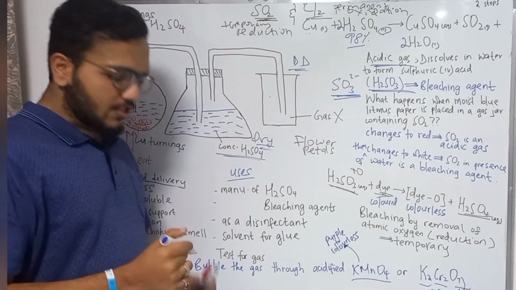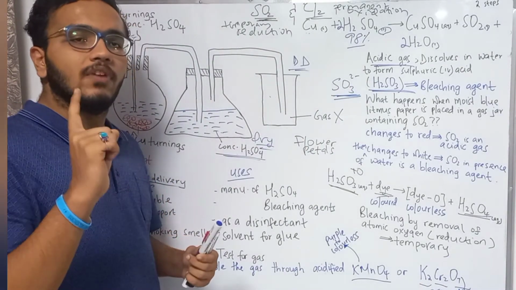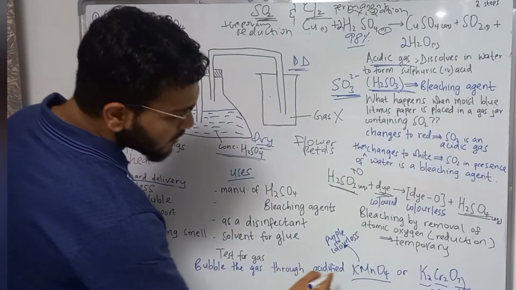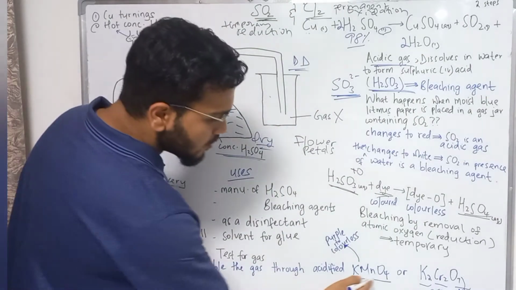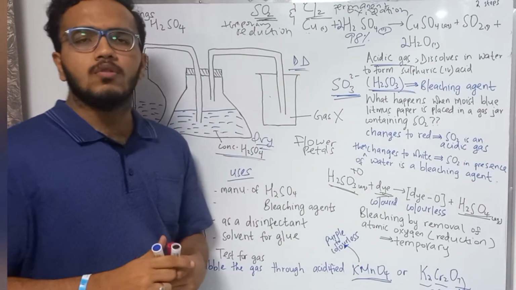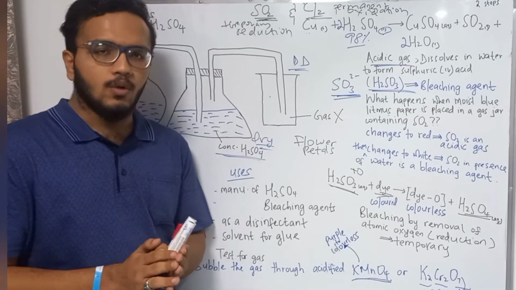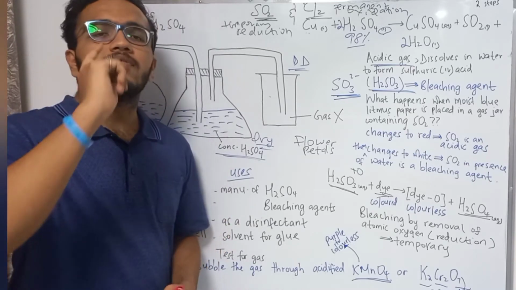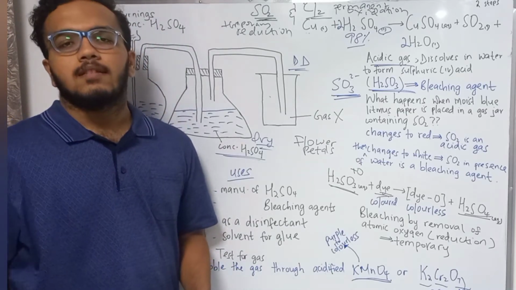What is the color change? How do you confirm presence of SO2? If potassium manganate 7 is used, the solution changes color. What color is potassium manganate 7? Of course it's purple. So when SO2 is bubbled through it, it changes from purple to colorless.